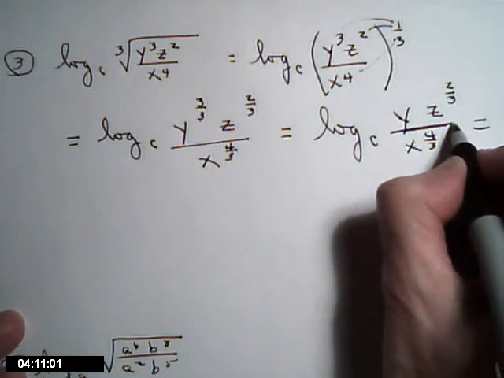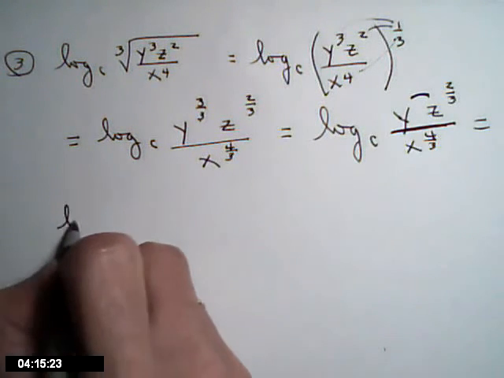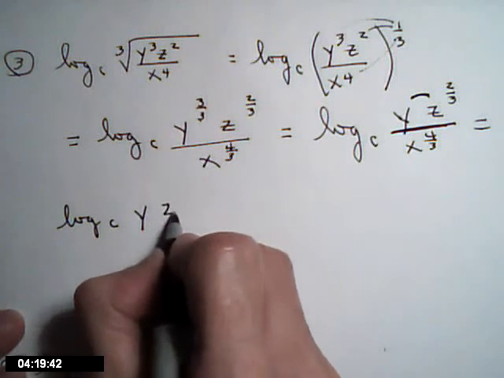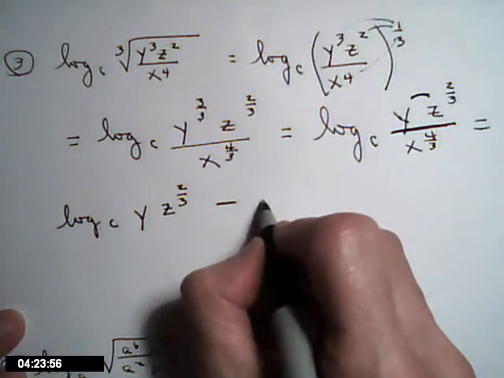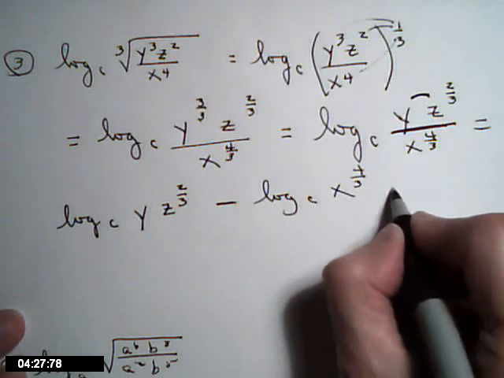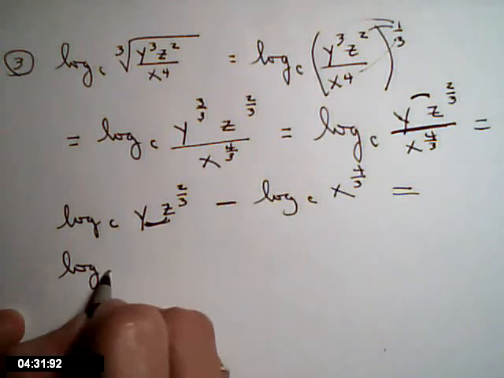Here's division, but within the division I have multiplication in the numerator. So I'll have log base c of y z to the 2/3 minus, there's my division line, log base c of x to the 4/3. But now remember, this is being multiplied, so I'm going to add.